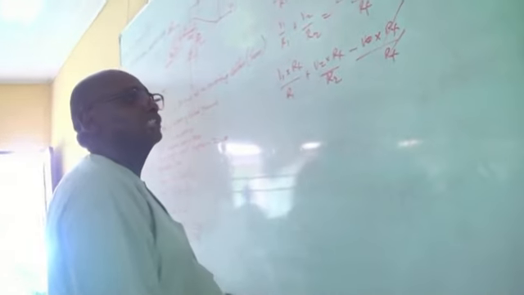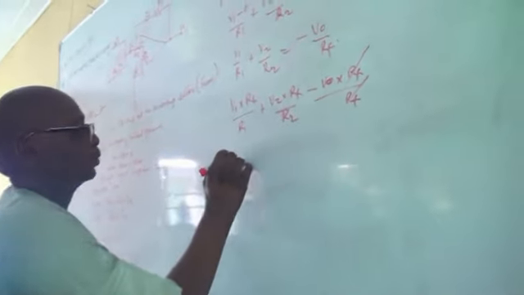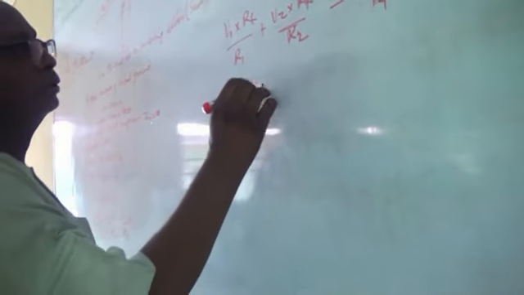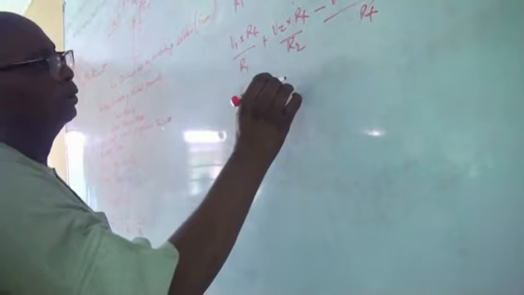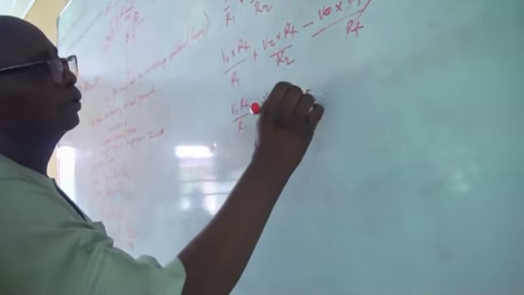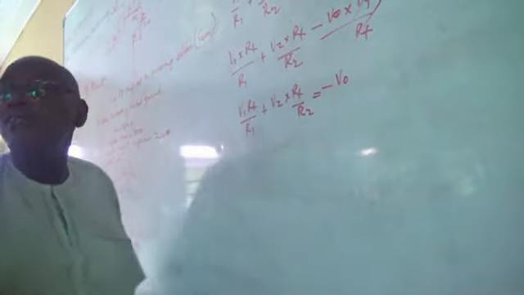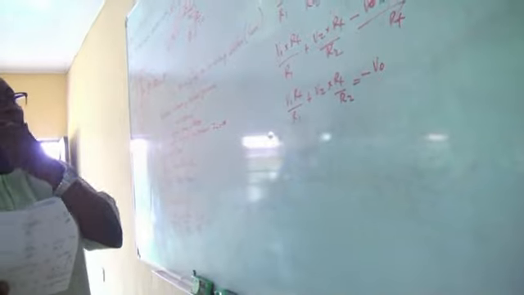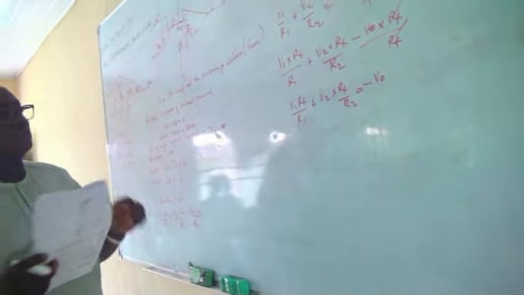This will simply cancel out at this level, leaving you with V1 RF over R1 plus V2 times RF over R2 equals minus V0. Agreed? Good.